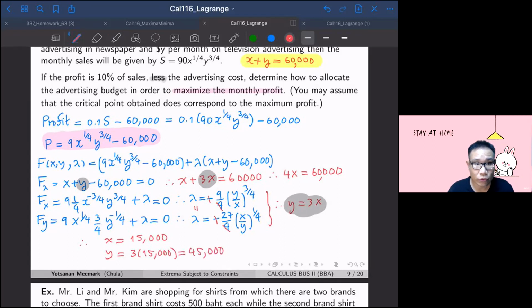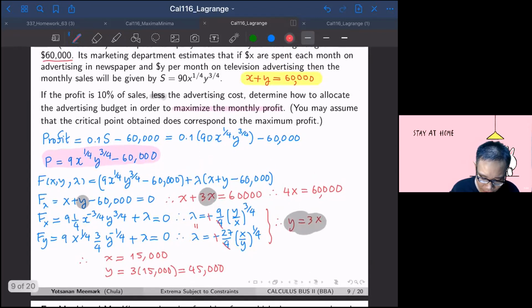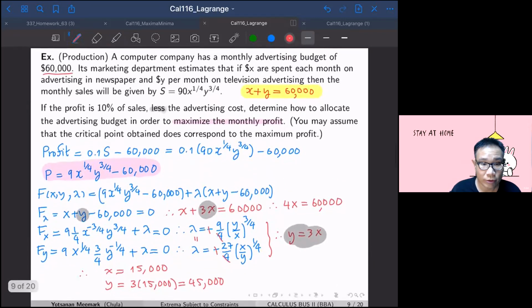So you spend 15,000 on newspaper, and you spend 45,000 on TV advertising. This gives you the maximum sale, and that gives you the maximum profit in this case. So you have x equal to 15,000 and y equal to 45,000 for the production function here.